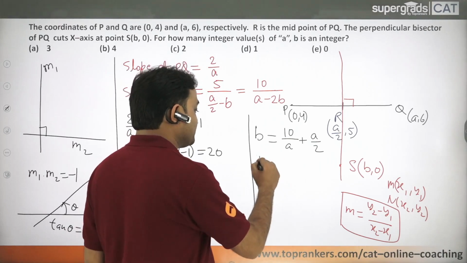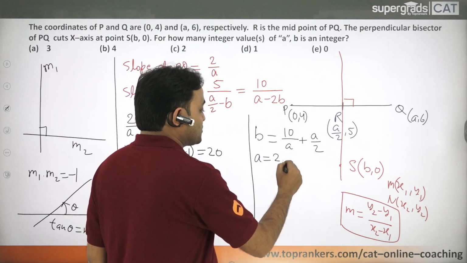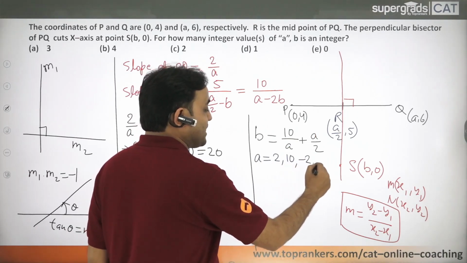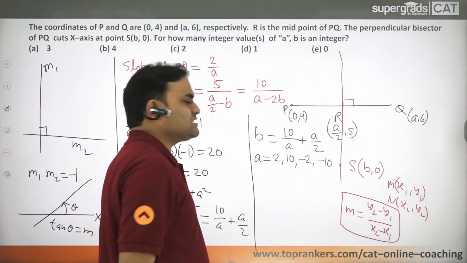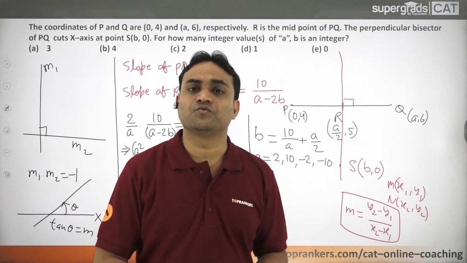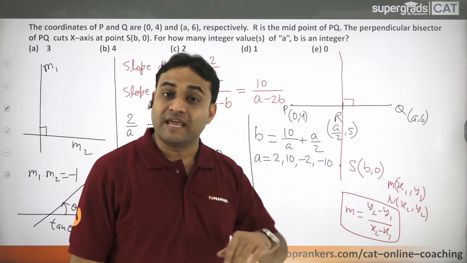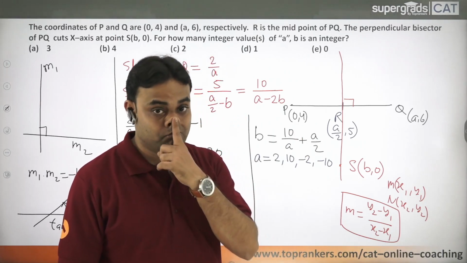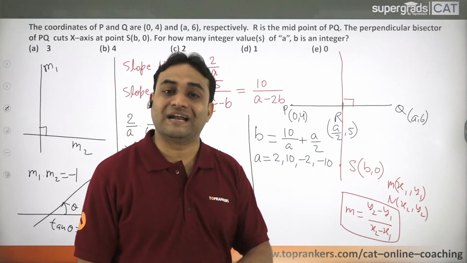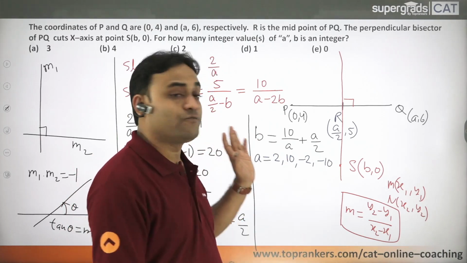The factors of 10 are 1, 2, 5, 10. A multiple of 2 which is a factor of 10: only 2 and 10. In negative, minus 2 and minus 10. These are the four values possible.